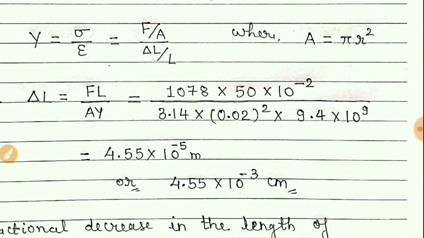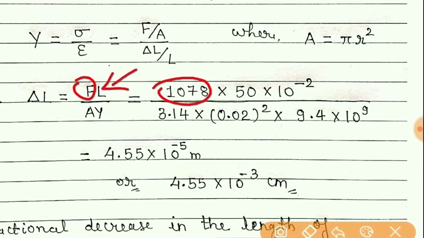Now it is quite easy, simply put in all the given values. Force on each thigh bone is 1078 Newton. Actual length of thigh bone is 50 centimeters, so 50 into 10 raised to minus 2 meter. We have converted centimeter to meter.